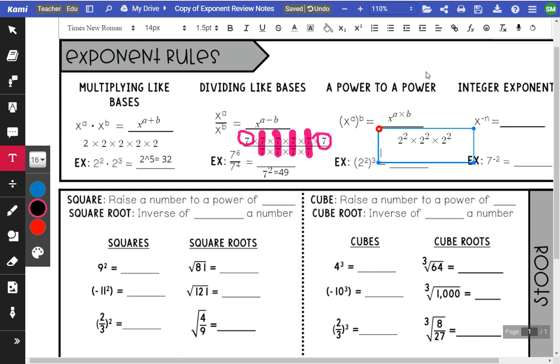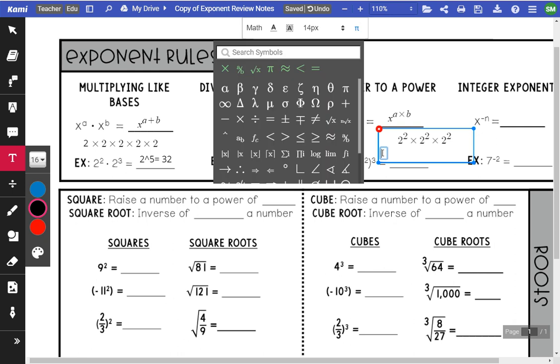So here comes the 2 2's that I'm multiplying together for each of those. 2 times 2, there's the first one, times 2 times 2, there's the second one, times 2 times 2, there's the third one.